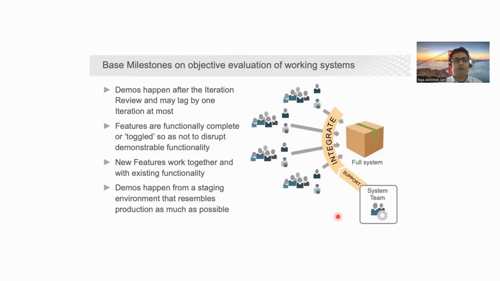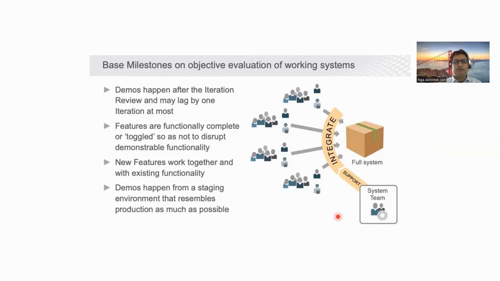The stakeholders may be not just your internal stakeholders, but the business owners and other external customers and external stakeholders can also participate in the system demo, because they want to see the entire functionality given by all the teams working together in a SAFe environment, in a collaborative manner.